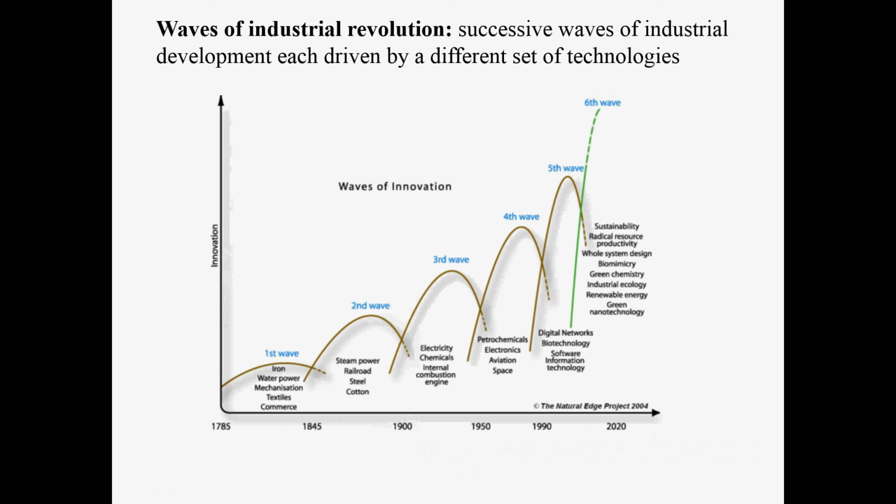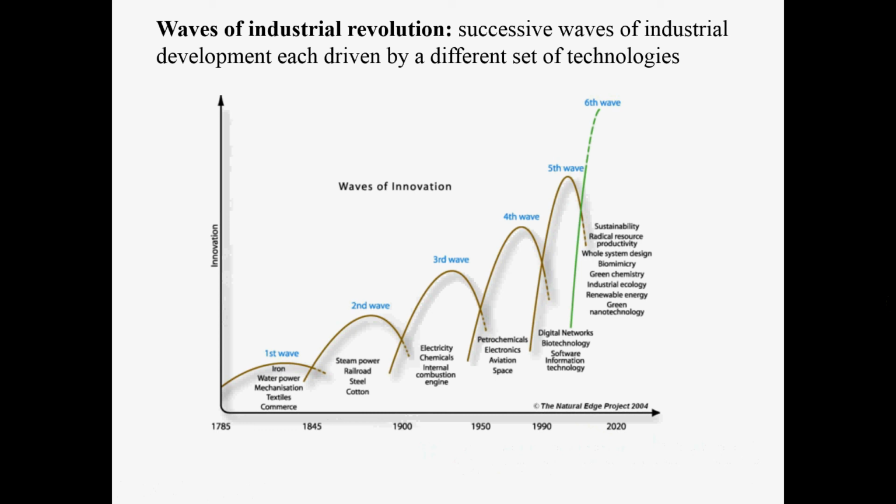Then you have the third wave, and that's why on this slide you can see five complete waves, and each wave contains a set of core new technologies. That is what pushes that wave of change in industrial development.